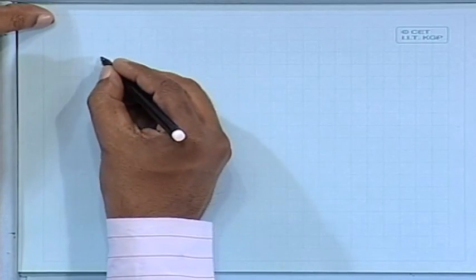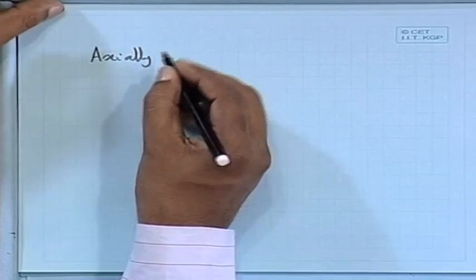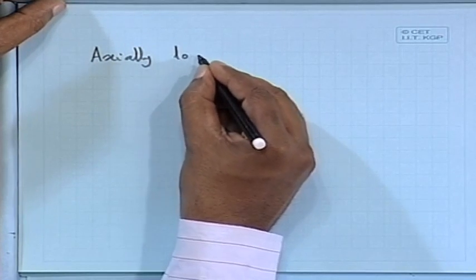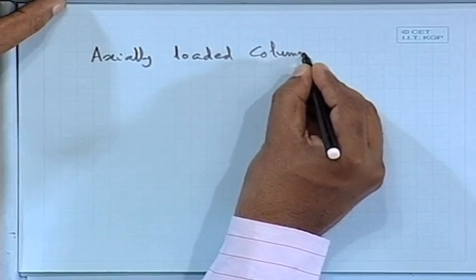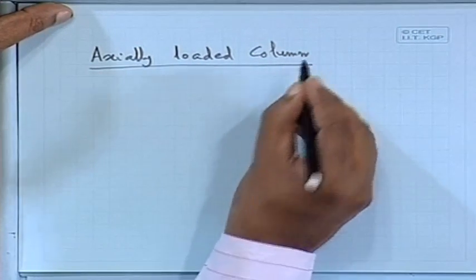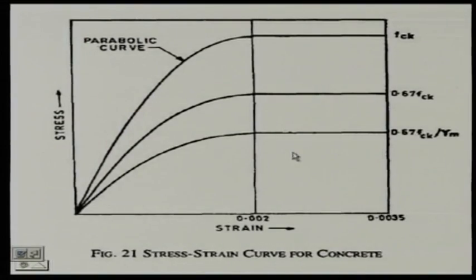For an axially loaded column, if we take 0.002 strain, we can take the stress as 0.45 fck.